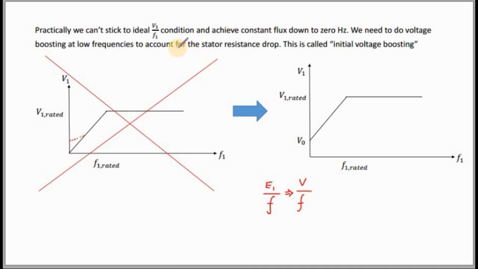The reason is to account for the stator resistance drop, and then here you can get psi constant. So the curve is like this. So practically the V by F, or V versus F, curve is like this. For calculation purposes, we can use this curve.